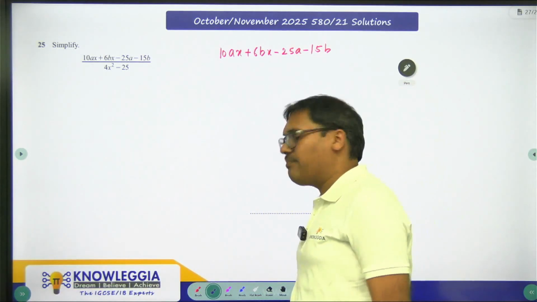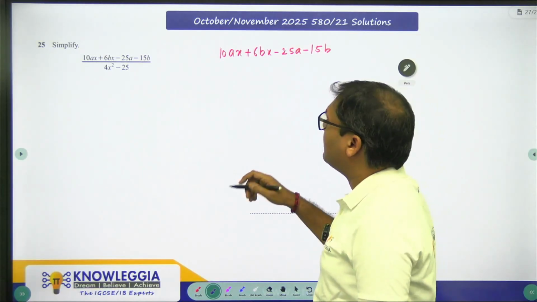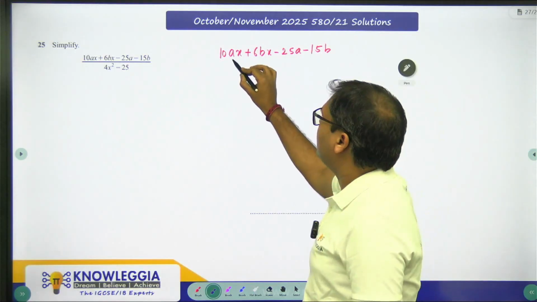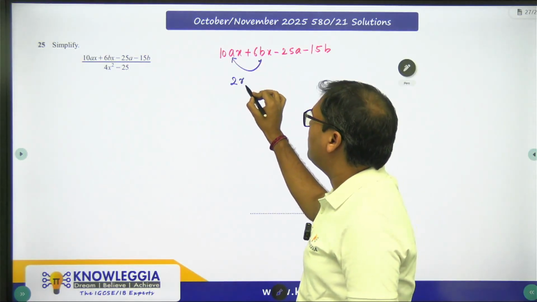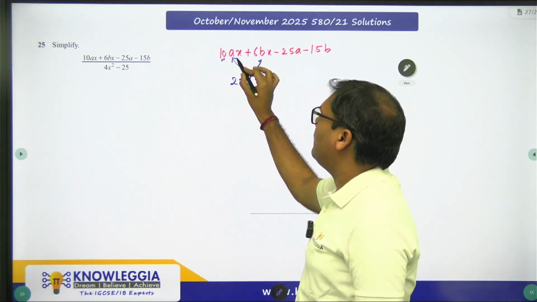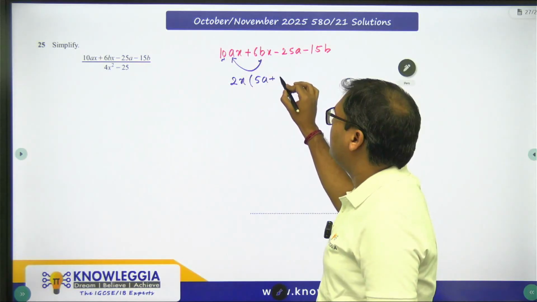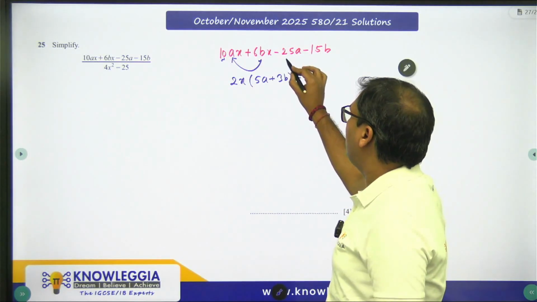Use grouping, right? You can see I can take these two terms. What is common from these two? You can see 2x is common. So this will be 2x times 5a plus 3b. And what is common from these two?